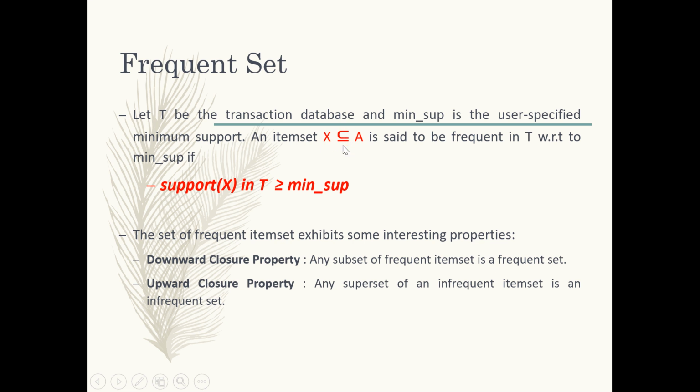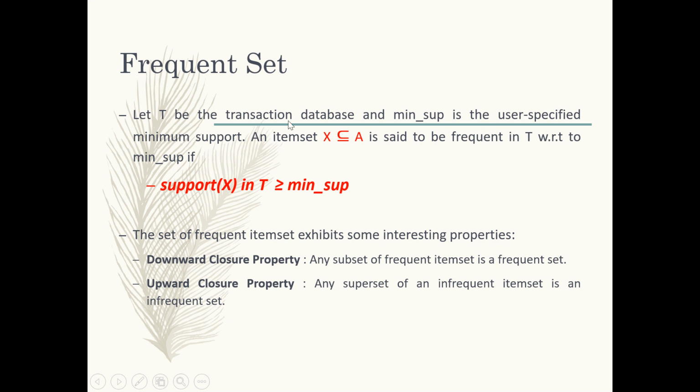This is the symbol for subset. An item set X is said to be frequent in T, the transaction database, with respect to min sup, and min sup is already user-specified.